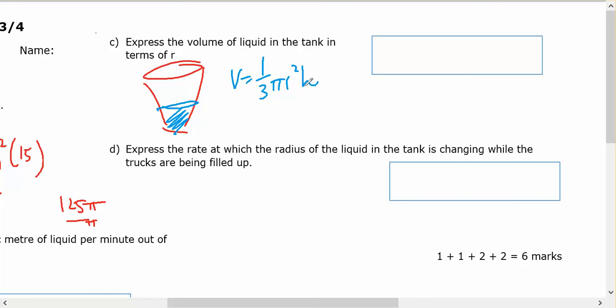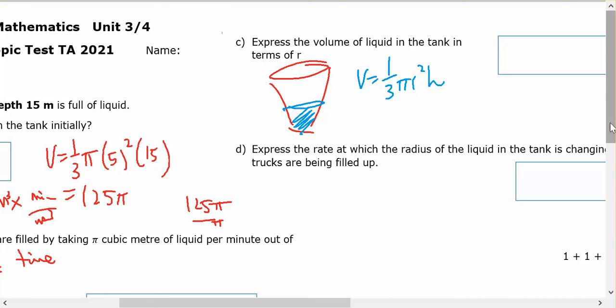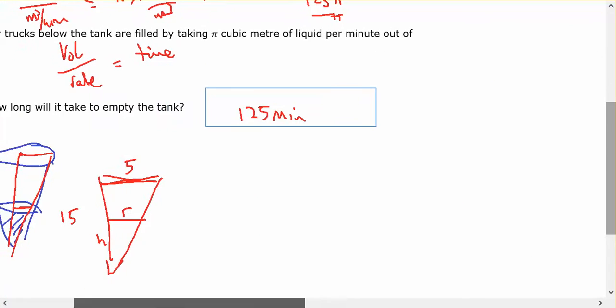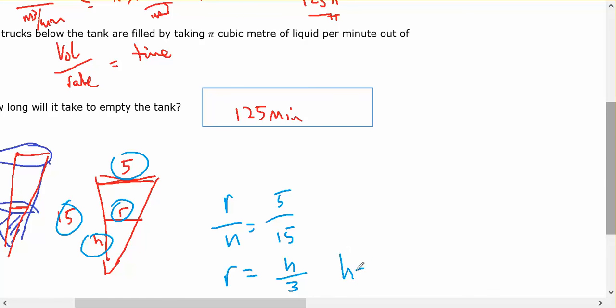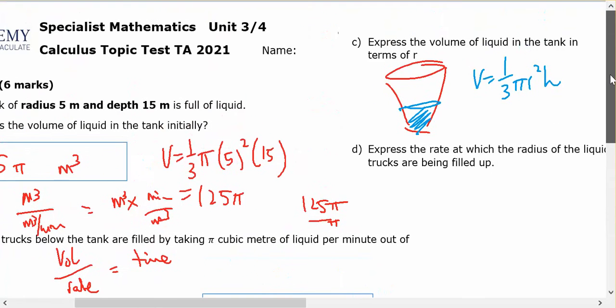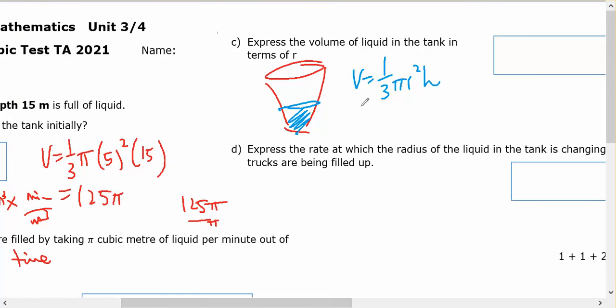I don't know what r is and I don't know what h is, but what I do know, because of similar triangles, is that r over h is 5 over 15, which means that r equals h divided by 3, or h equals 3r. So now I can replace my h with 3r, and I've got volume equals 1/3 pi r squared times 3r. The 3's cancel, and I'm left with the volume equals pi r cubed.